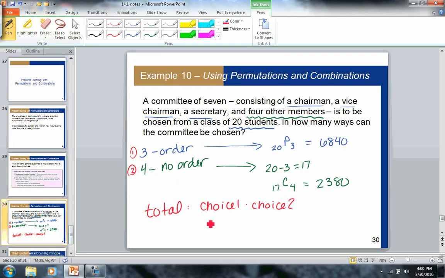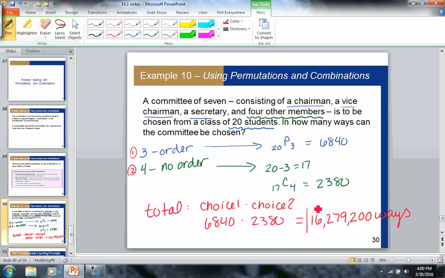So we're going to have to take those 6,840 and multiply them by the 2,380. So here, this is kind of like where we're using the fundamental counting principle. So altogether then, we get 16,279,200 different ways that we could form this committee.